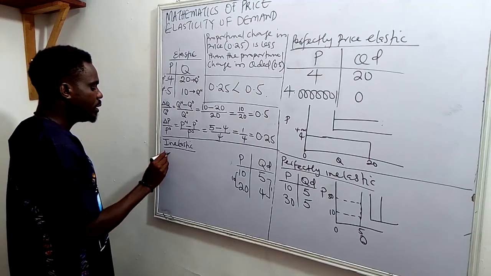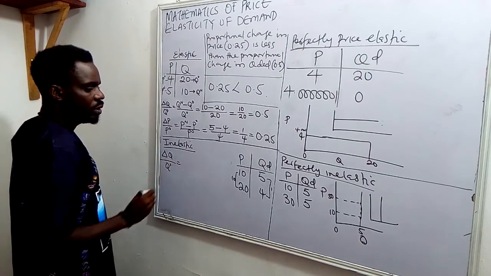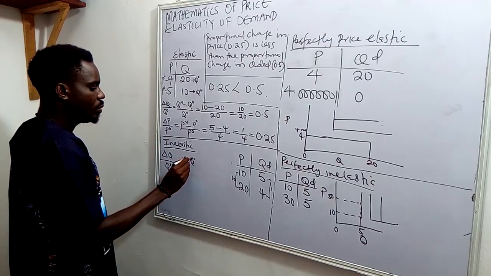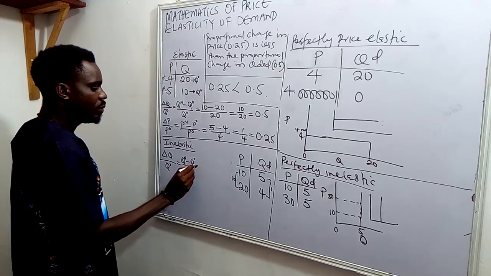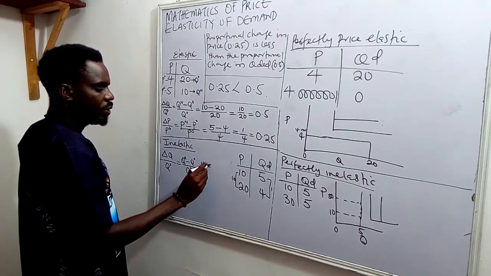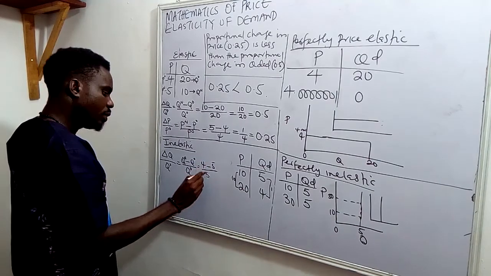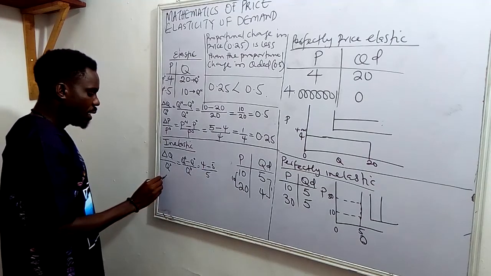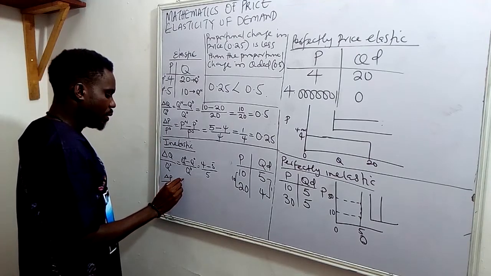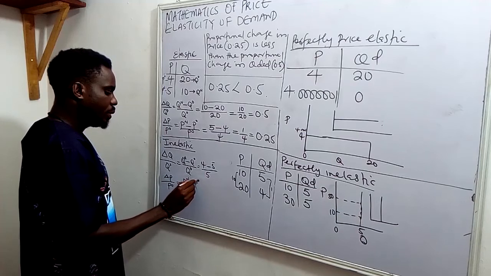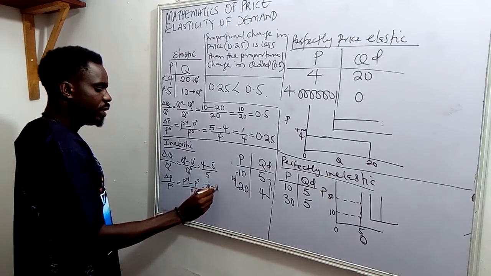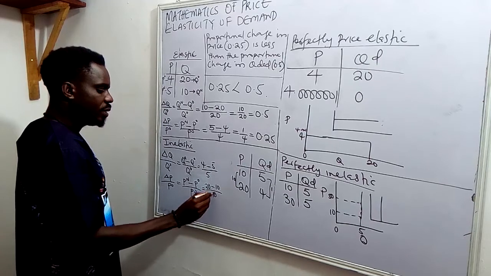For inelastic, change in Q divide original Q is Q new minus Q original divide Q original, which is Q new is 4 minus original Q 5 divide Q naught, and change in P over P original is new P minus old P divide old P. New P is 20, old P is 10 divide old P, which is 10.